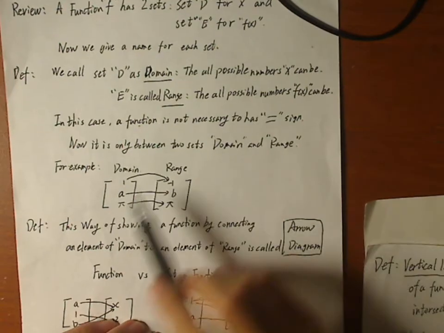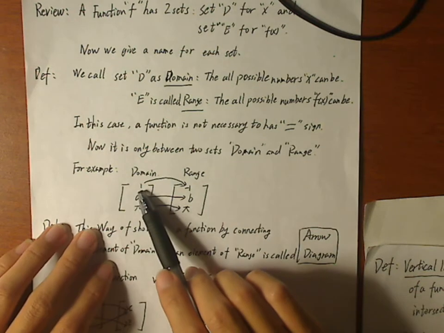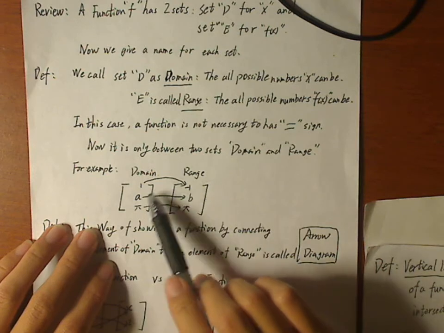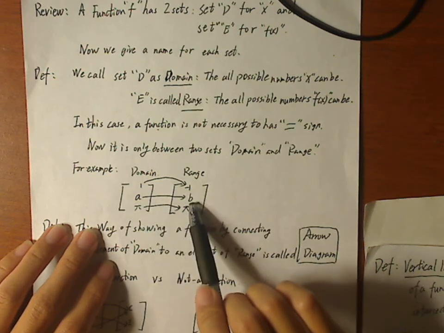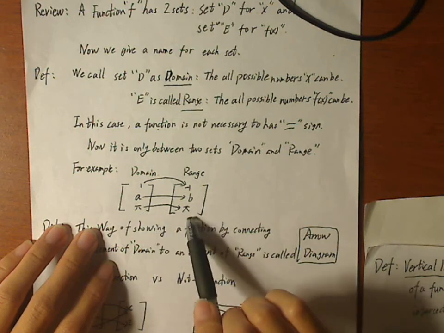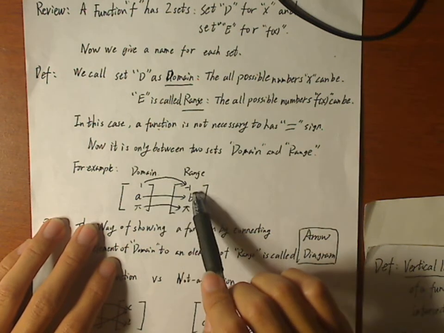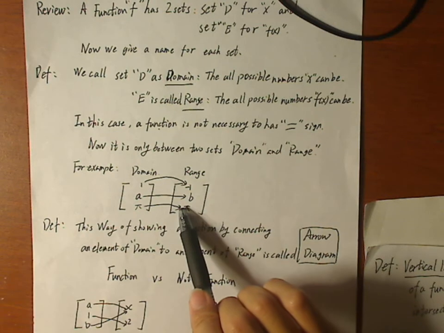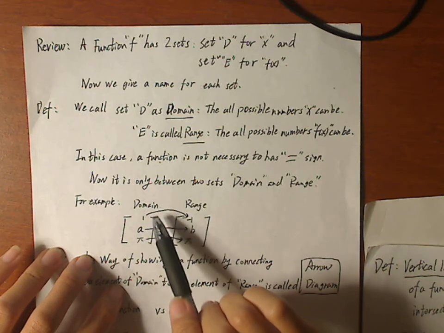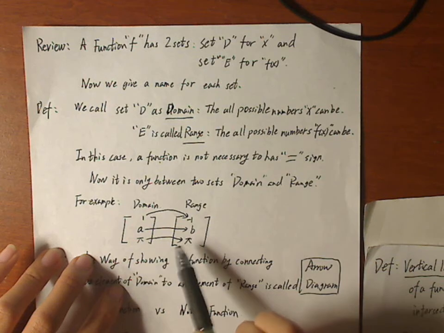For 1, I have -1. For a, I have b. For pi, I have another pi. You get what I'm saying? So domain and range, domain and range, and domain and range. It's just a connection from one element resulting in another.